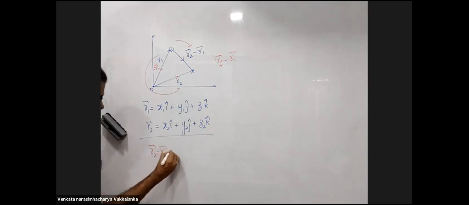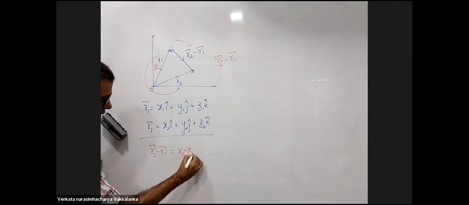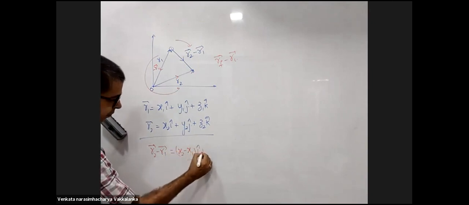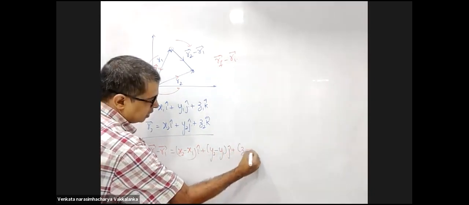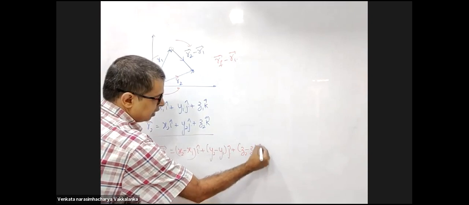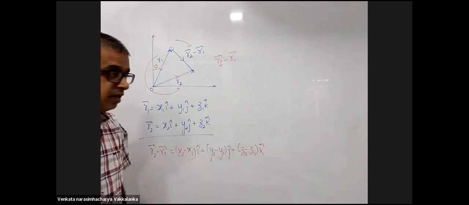R2 minus R1 is x2 minus x1 i cap, y2 minus y1 j cap, z2 minus z1 k cap. Final coordinate minus the initial coordinate for x, y, and z.